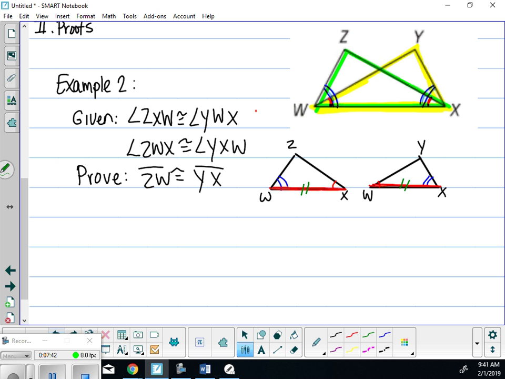So if we look at these two triangles that have the same WX in them, are these two triangles congruent? Which of our 5 theorems tells me these two triangles are congruent? What do I have?